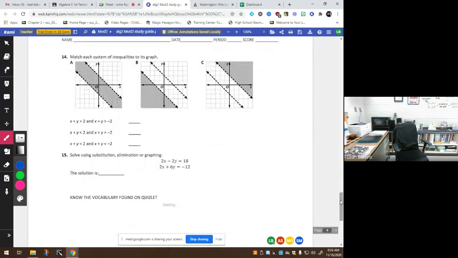All right, number 14, we're just matching. What I would do if it were me, I would just go through and write the equations of the line. So this has a y-intercept of -2, and it looks like the slope's going down 1 over 1. So y, and they shaded above it, y is greater than -x minus 2.